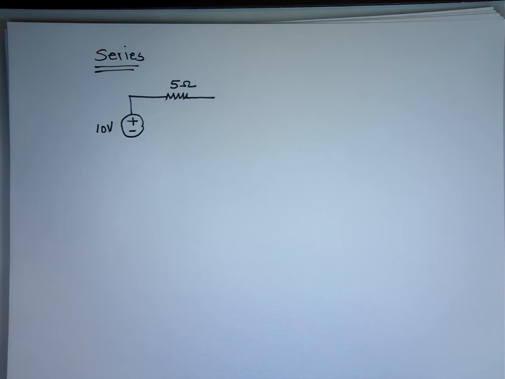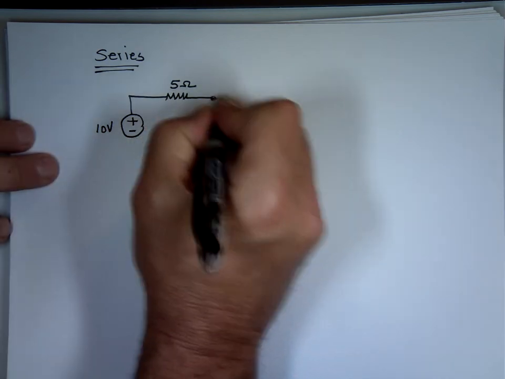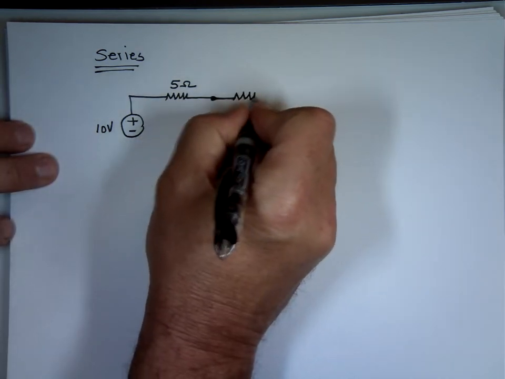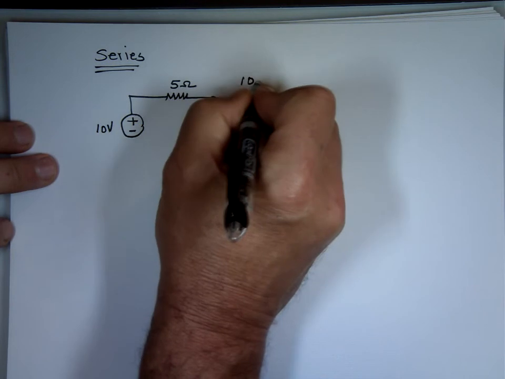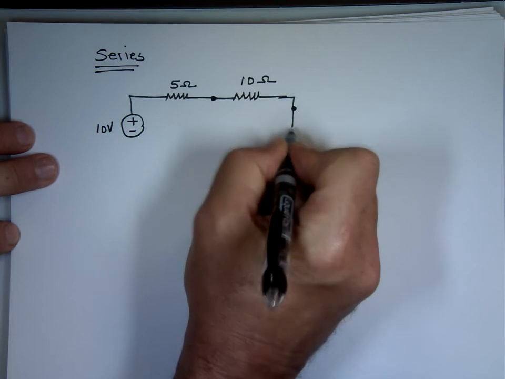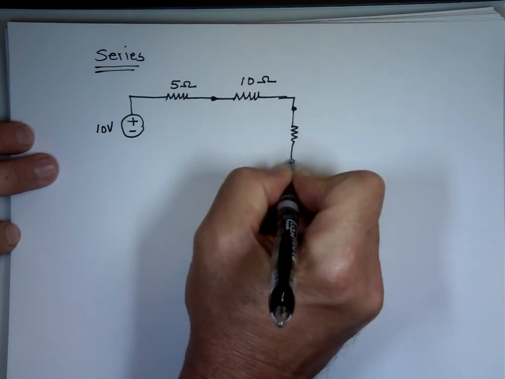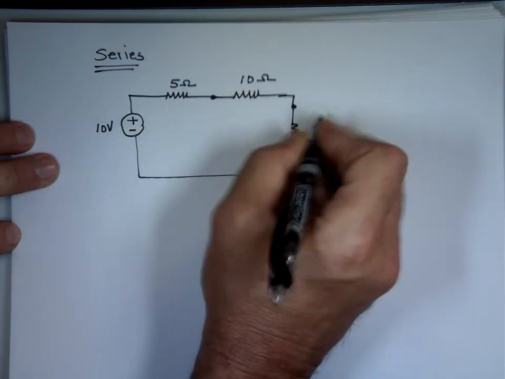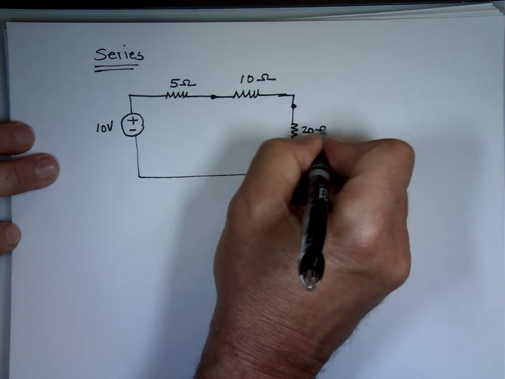You can attach another resistor there, and you can attach another one if you want to. All of these are attached in series.